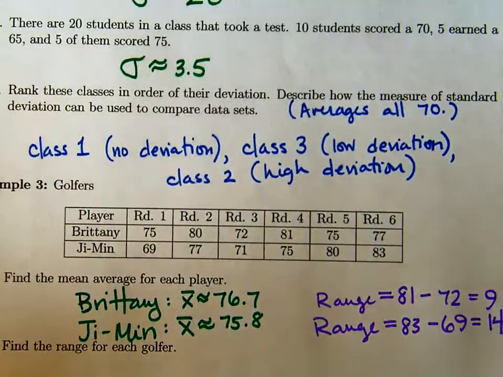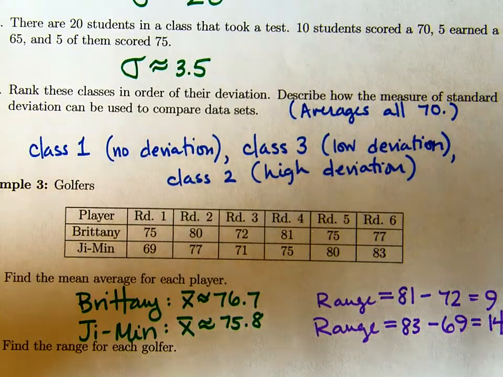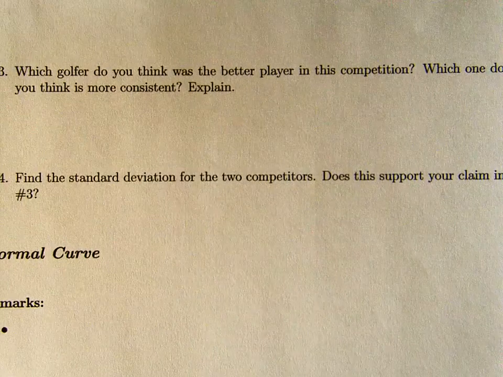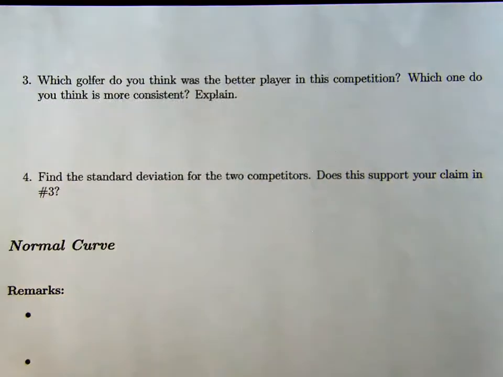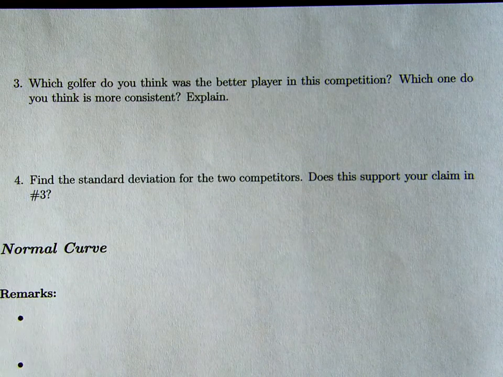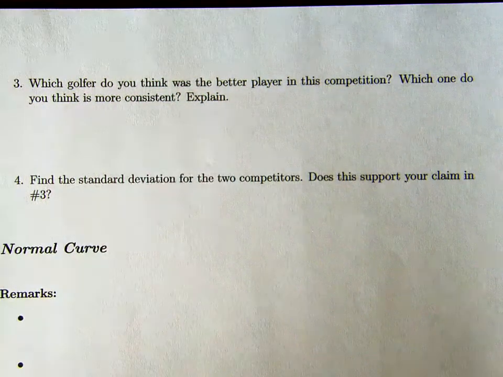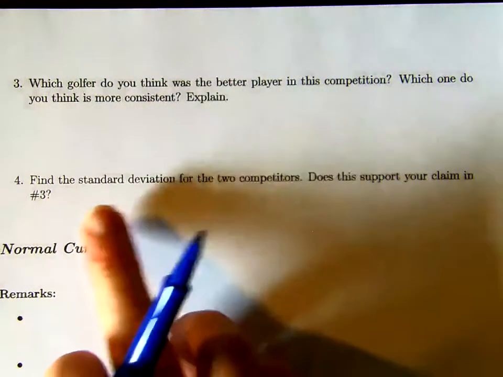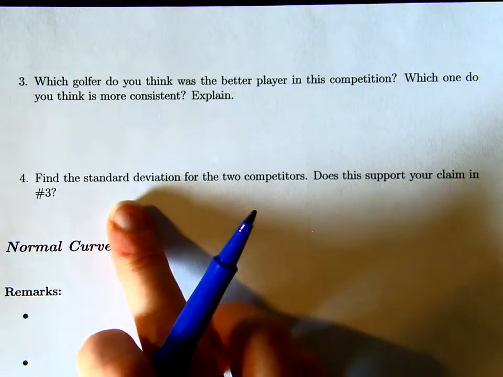Okay, so we found the range, and now the question is, which golfer do you think was the better player in this competition? And which do you think is more consistent? Explain. All right, well, it looks like I'm going to compute the standard deviation for number 4.